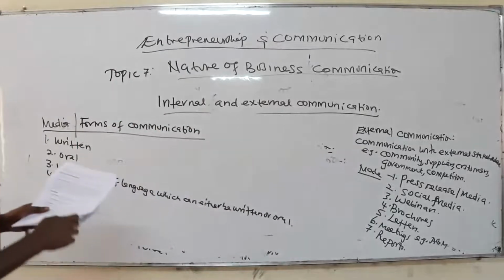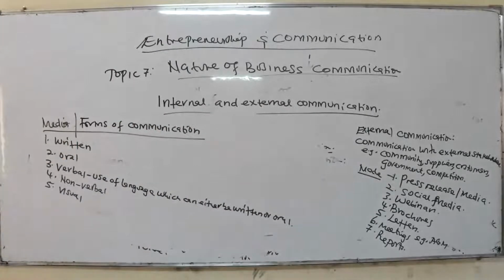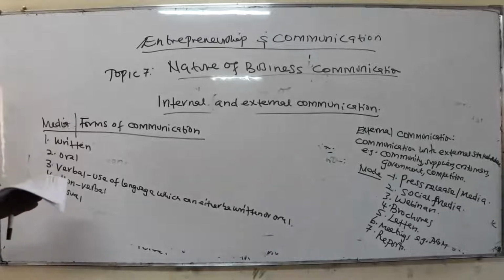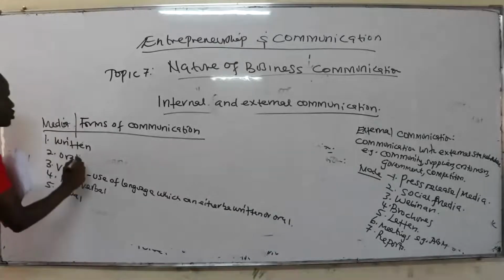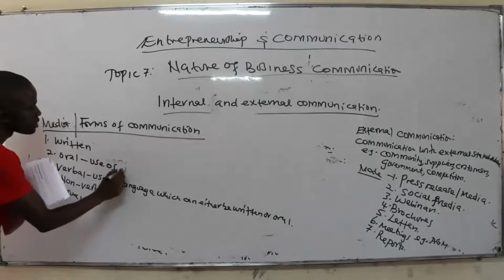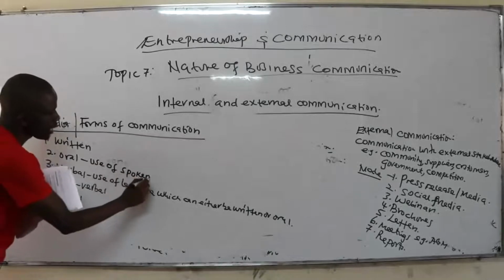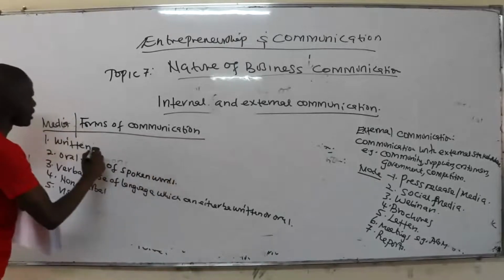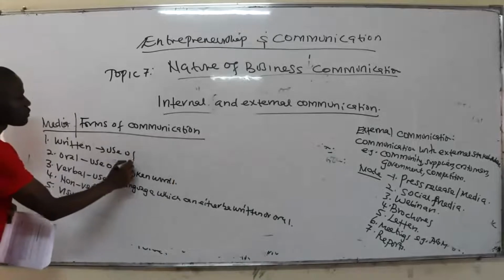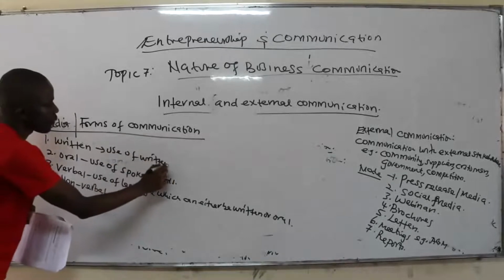Now, based on what we've discussed, verbal is use of language which can either be written or oral. Oral communication is use of spoken words, whereas written means use of written words.